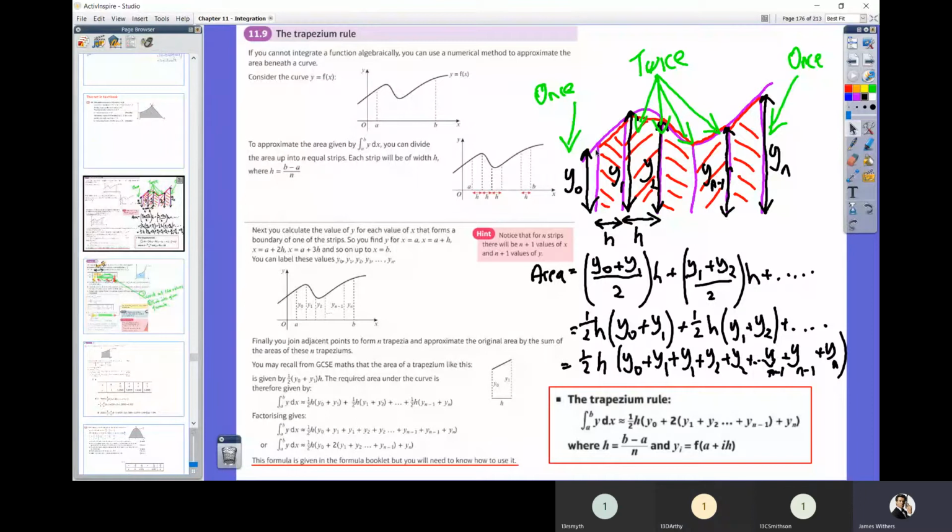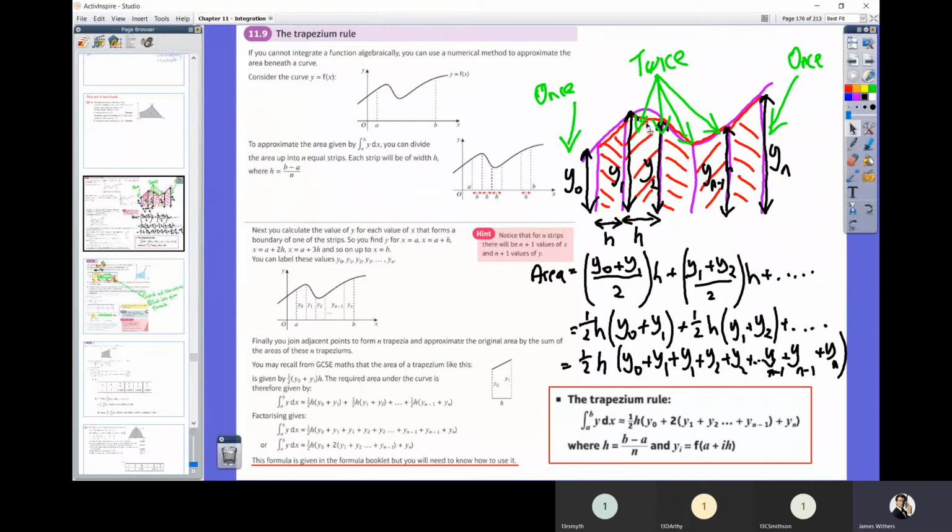So this first trapezium here has got the two sides of y0 and y1. So if you were just working out the area of that specific trapezium, it would be y0 add y1 divided by 2 to average it, and then multiply that by the distance between the two parallel sides.